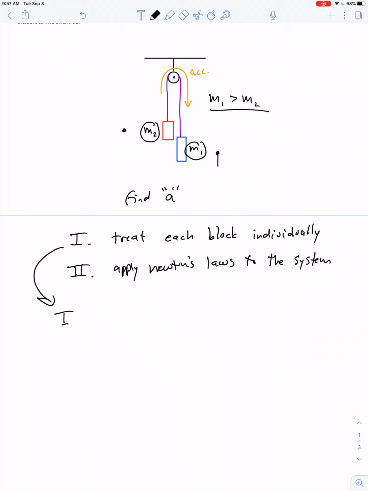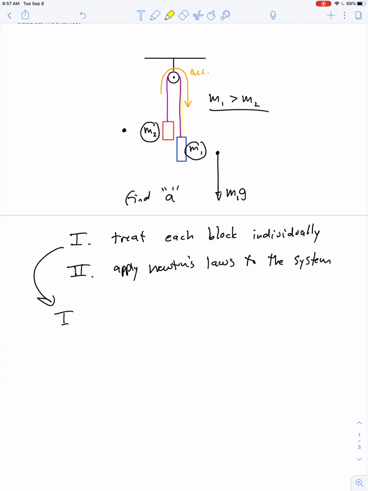The driving force behind that is obviously the weight of that block. So there's a force vector pulling down equal to, you might want to say mg, but let's be careful, we can be more specific and call that m1 times g. Now there's also the tension in the string, right?